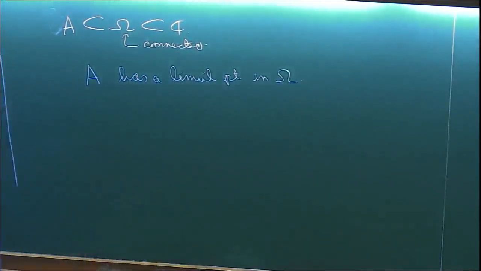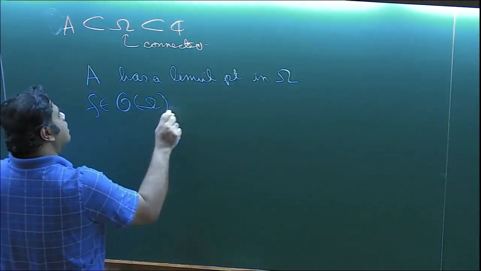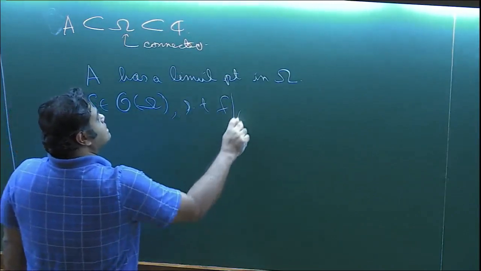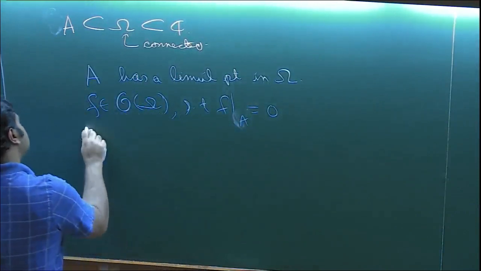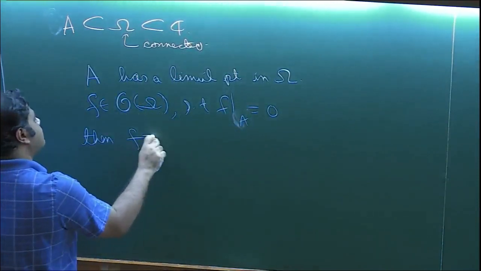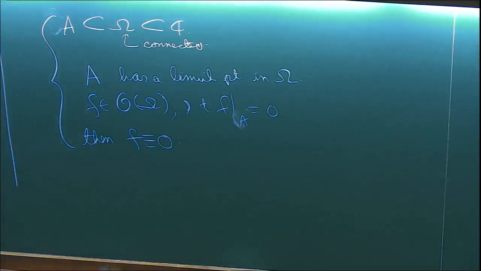What that means is there's a point in Ω such that any arbitrary neighborhood of it intersects the set A. Then if we take a function f which is holomorphic on Ω, such that f restricted to A is 0, then f is identically 0. This kind of statement will not be true in several variables. Can anybody offer an example?